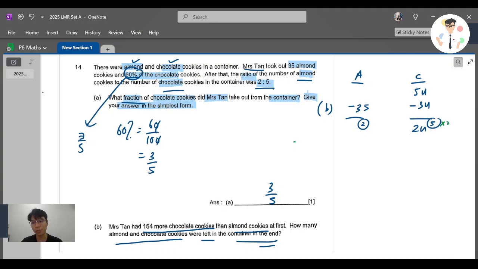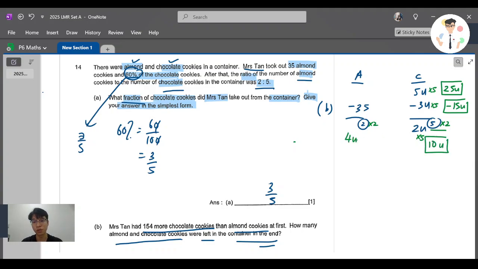So 5, I will times 2. And if I times 2 here, I need to times 2 here. And this 2, I need to times 5. If I times 5 here, it affects the rest here. So this tells you that here supposed to be 25 units, here supposed to be 15 units, and here, as you know, supposed to be 10 units.